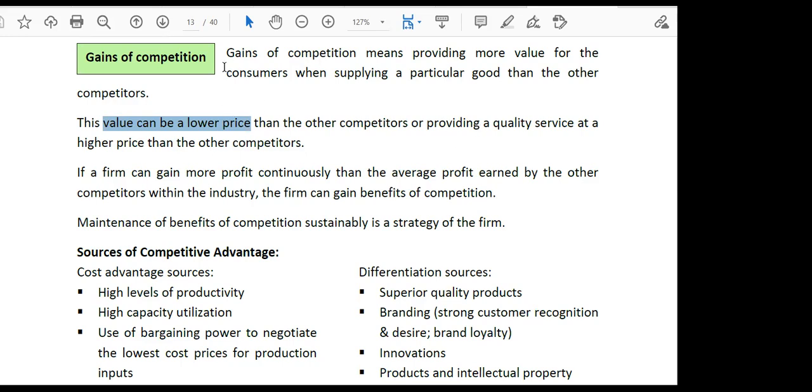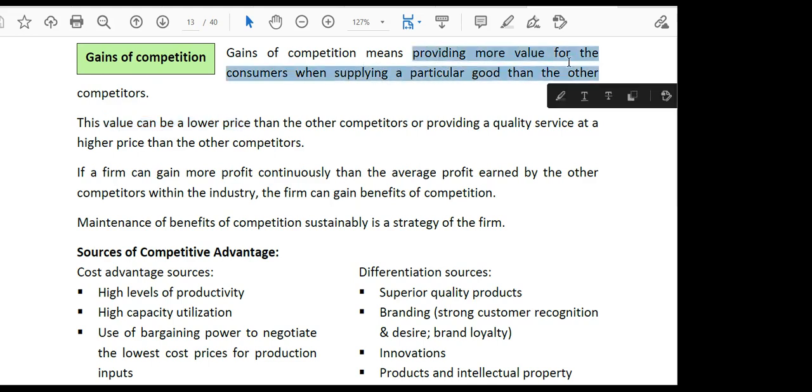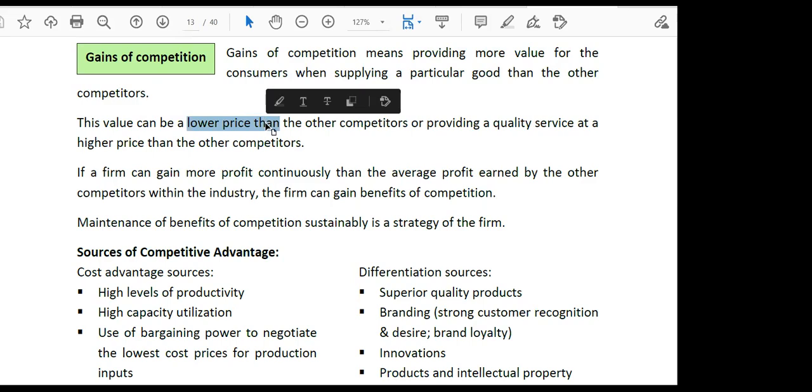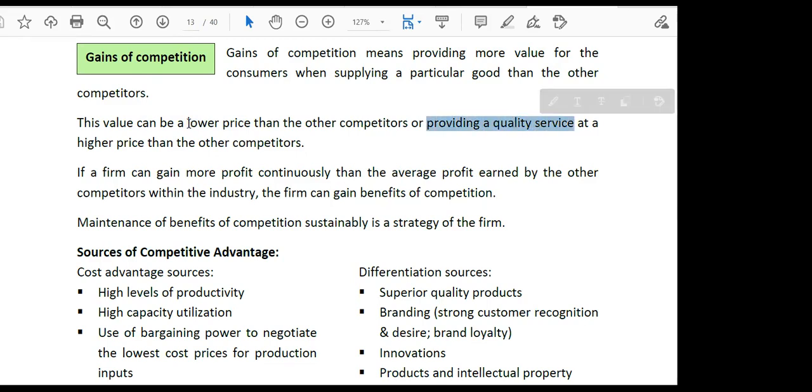That is what you call gains of competition or competitive advantage, where one firm can supply a good providing more value. How can you provide more value? Either you provide the same quality good at a lower price, or at the same price you provide higher quality.